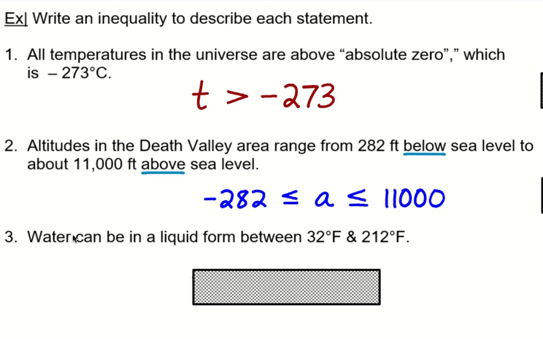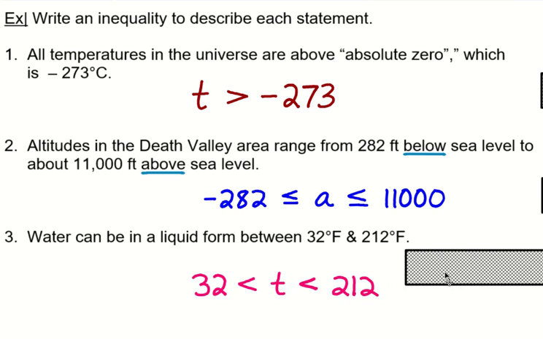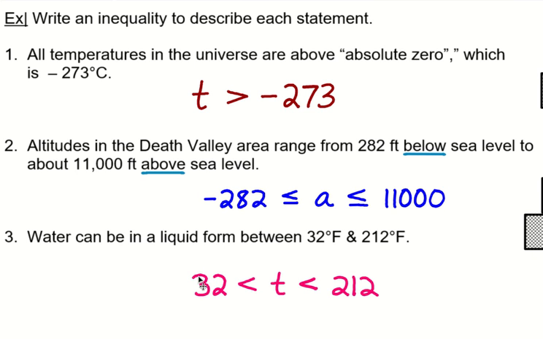I mean, this specific example with water, and how this is freezing and this is boiling, but I think the whole simple verbiage of between means between and not including those endpoints. So the symbols here are just going to be less than, because I don't think T can also equal 32 degrees Fahrenheit or 212 degrees Fahrenheit.